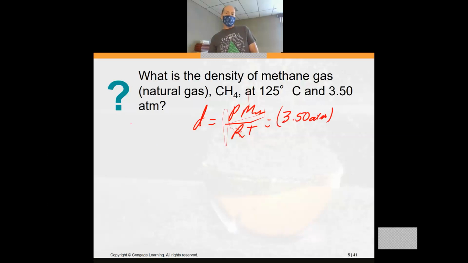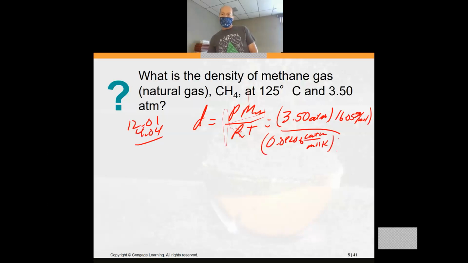We have our CH4, 12.01, and 4.04, 16.05. And then we have our 0.08206 liter atmosphere per mole Kelvin. And then our temperature, 273.15. So that is going to be 398.